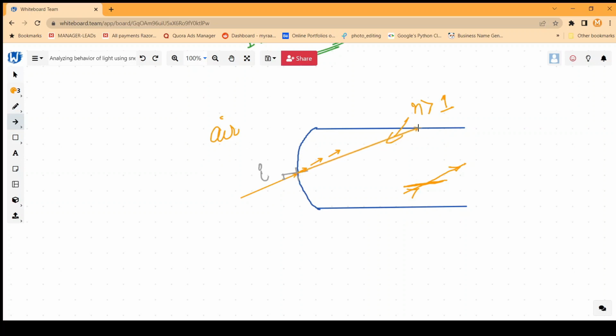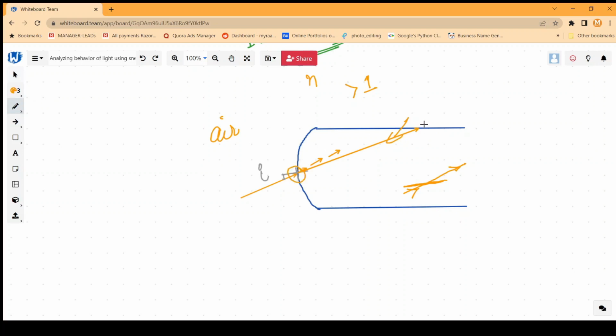Now again, when it meets the surface here, there will be another refraction, and we can again write Snell's law for this point. So first we are going to apply Snell's law at this point, point number 1. This is where the light ray is meeting.